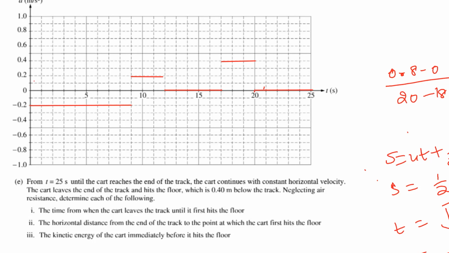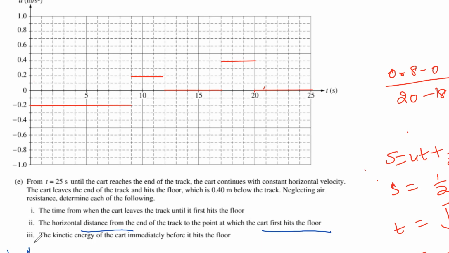Now the second part, we need to calculate the horizontal distance from the end of the track to the point at which the cart hits the floor. For horizontal distance, x is equal to vx into t. I am considering the horizontal motion.